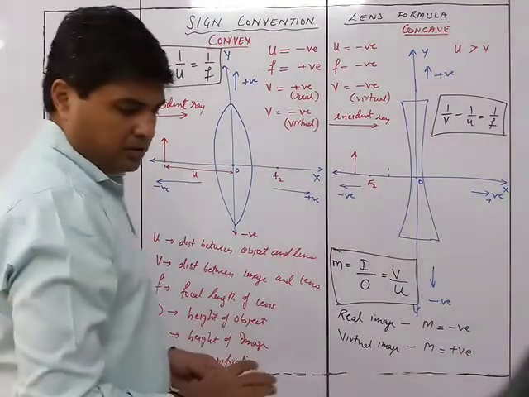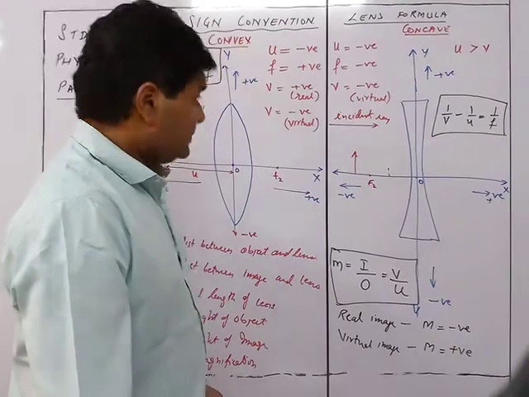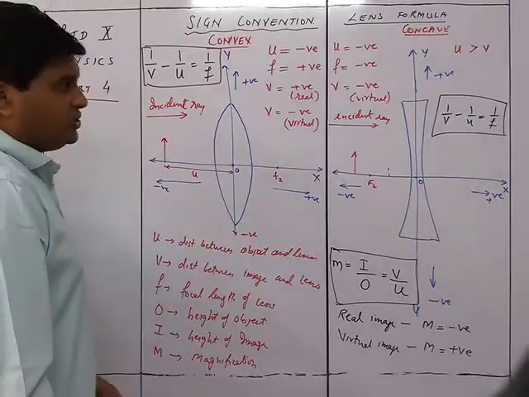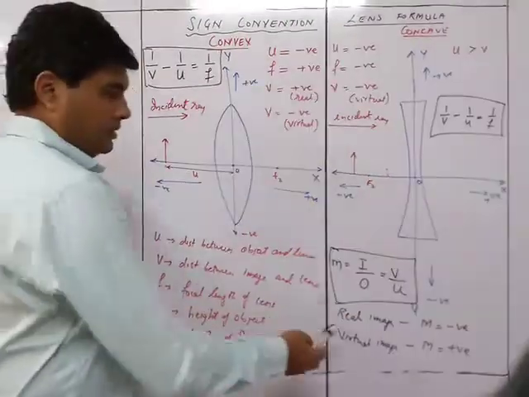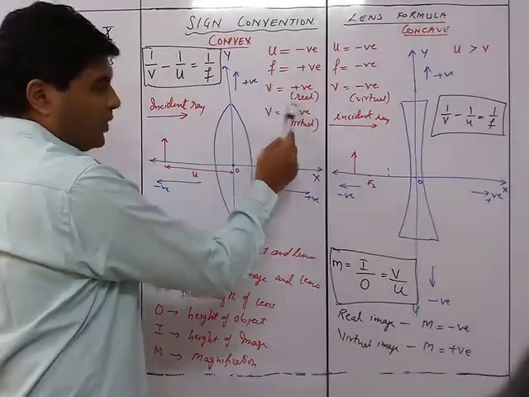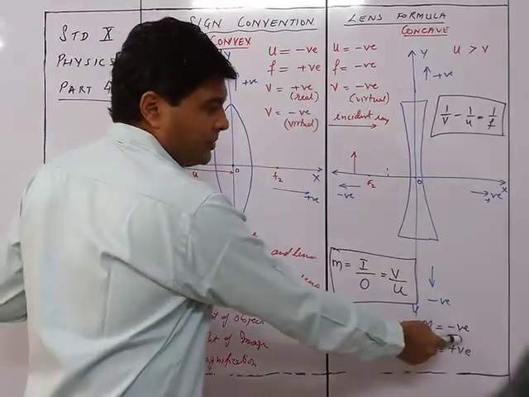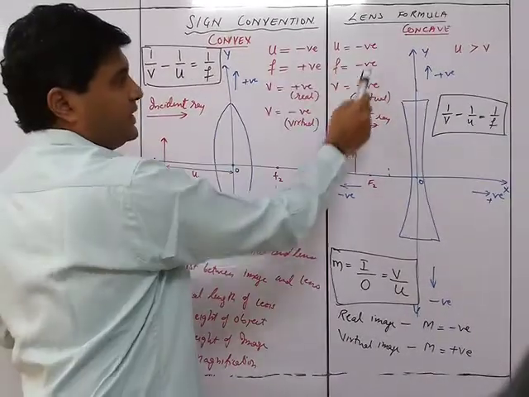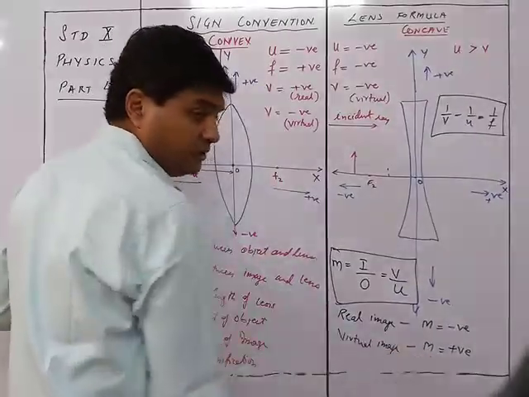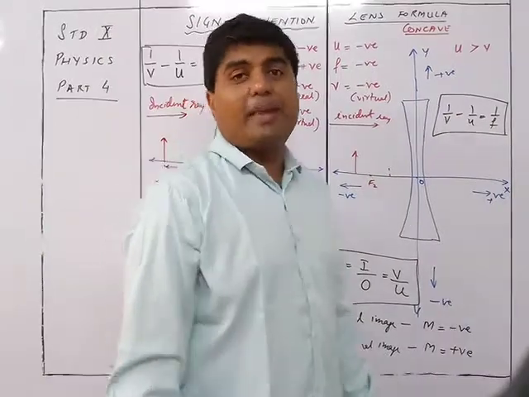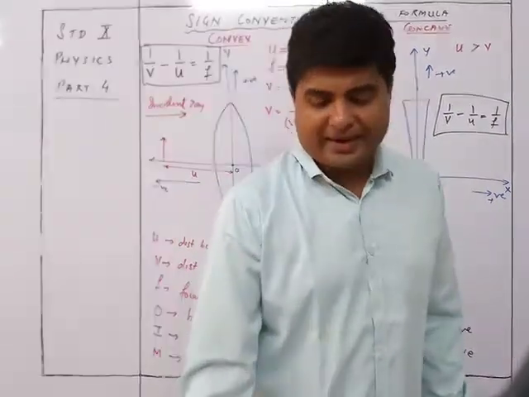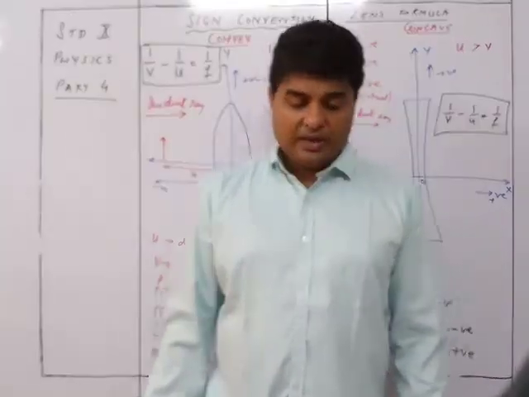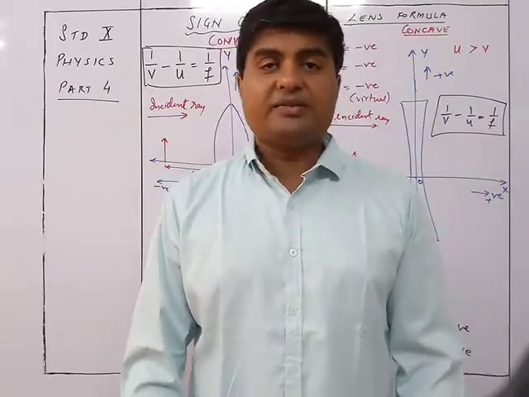You can see in case of a real image, U is negative, V is positive, so automatically this overall will be negative. For a virtual image, both are negative. You can see both are negative, so negative, negative become positive. So we will always find that if the magnification value is negative, it means it's a real image, and if it is positive, it is a virtual image.